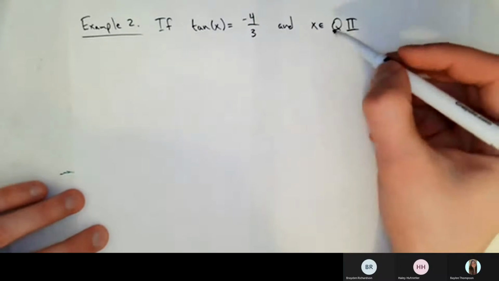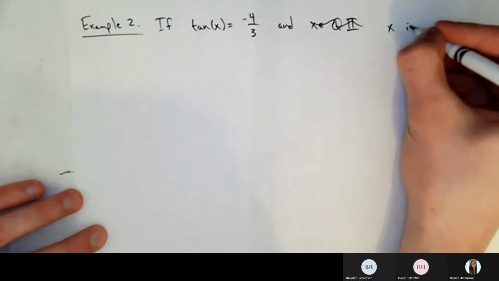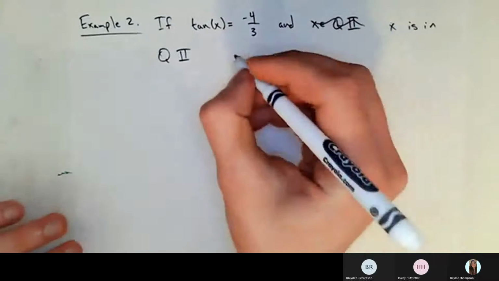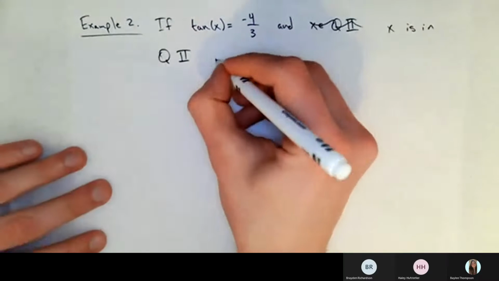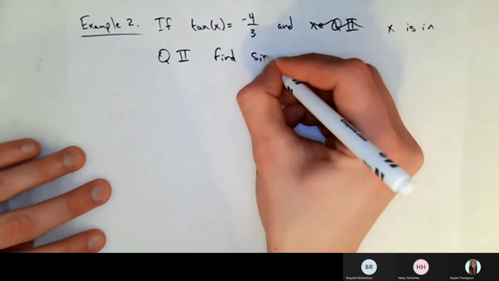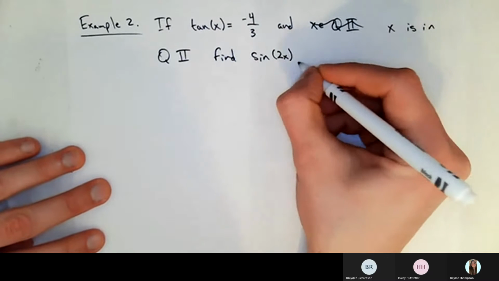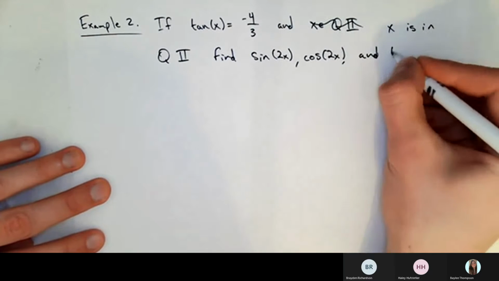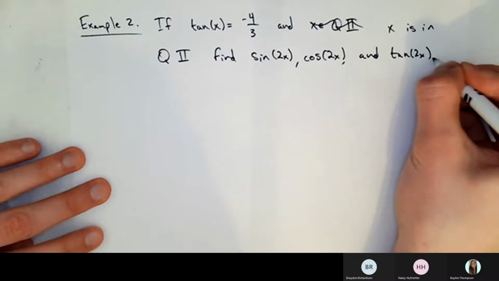Oh, sorry, you may not be familiar with that notation: x is in quadrant 2. Find sine of 2x, cosine of 2x, and tangent of 2x.